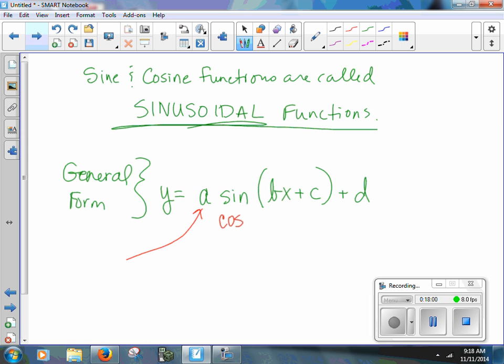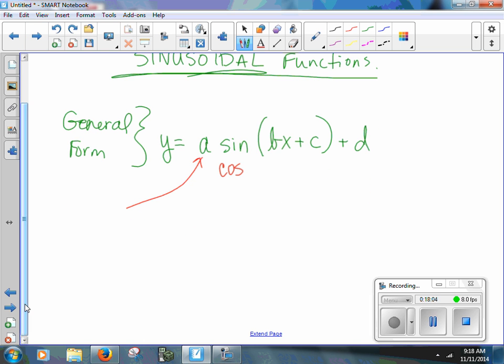A. What's the A stand for? You asked for it earlier, and this is your answer. Amplitude. We're going to look as much as we can today, and we're going to start graphing. We just have to have a little bit of background information. Amplitude, what is amplitude?